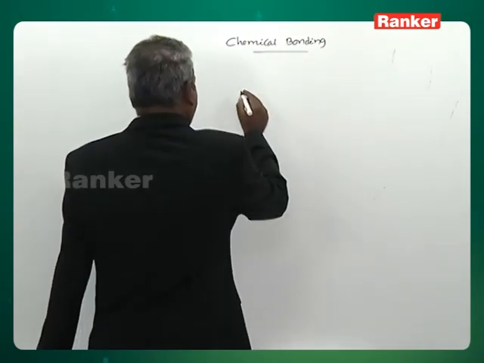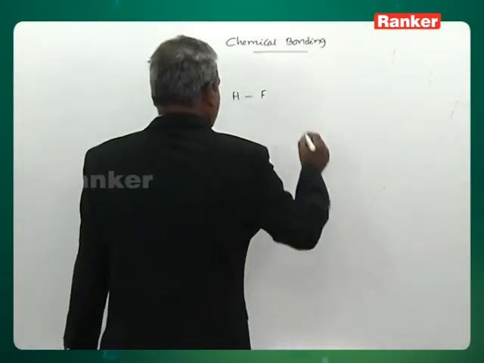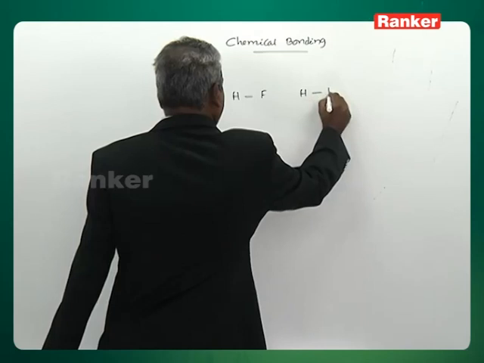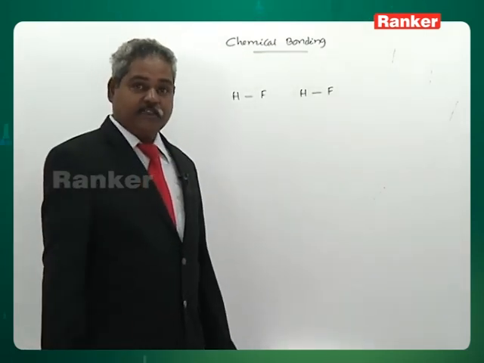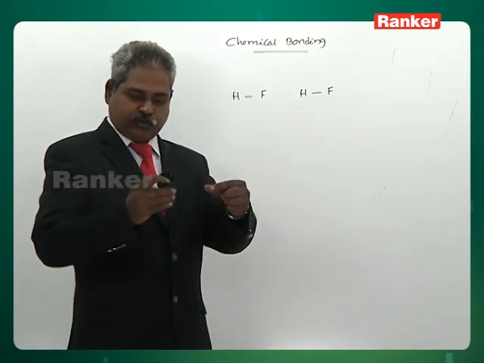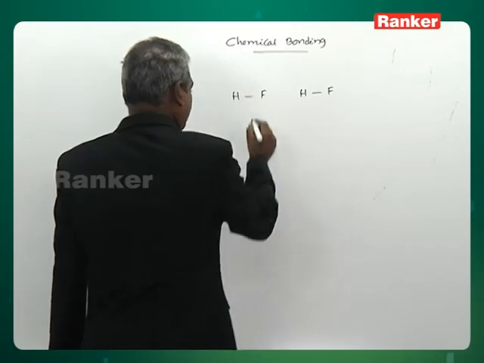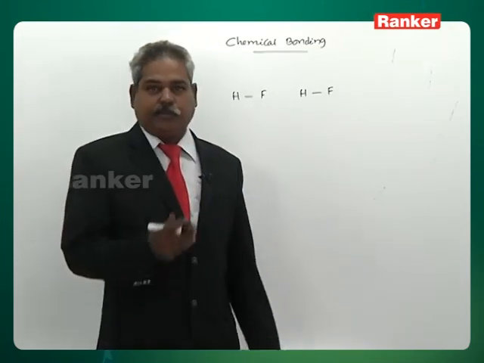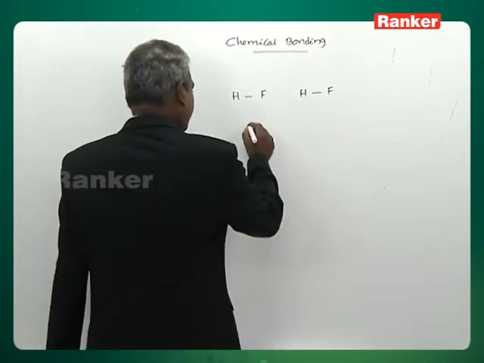Now, between 2 molecules of HF, what can exist when 2 molecules of HF are together? This fluorine is highly electronegative. Therefore, it always keeps a pair of electrons close towards itself. What is electronegativity?